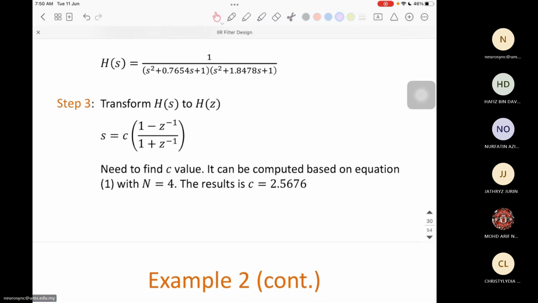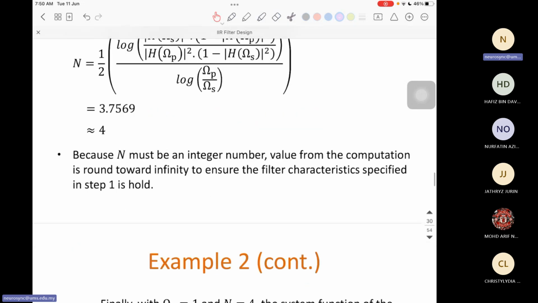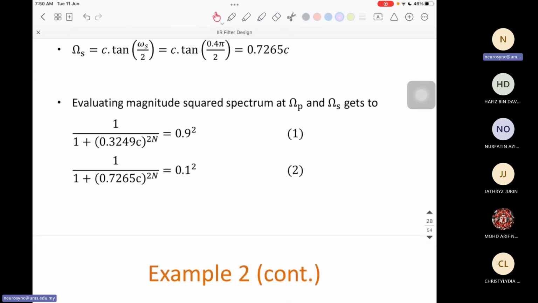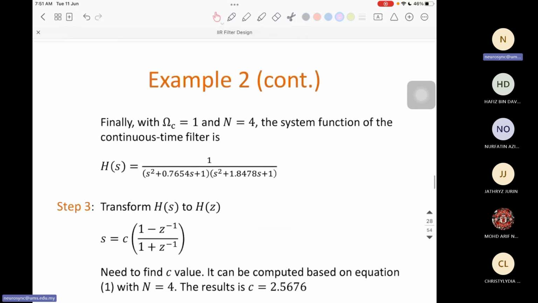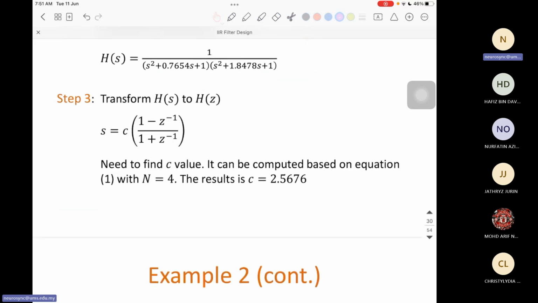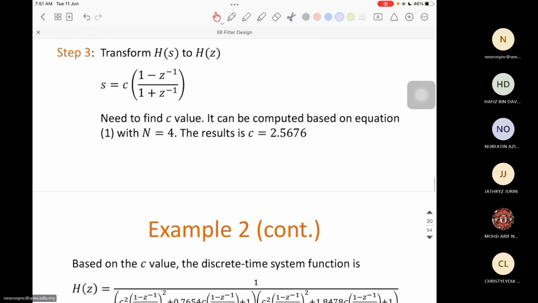Now the value of C we can compute from any of the equation 1 or 2 because we know the value of N now. So you can use equation 1 or 2 to compute the value of C. If you put N equal to 4 here, then we can find the value of C easily. So if you do the calculation, the value of C you will get is 2.5676.